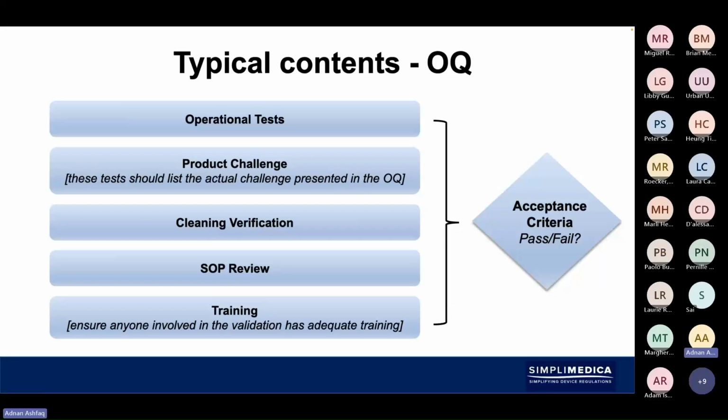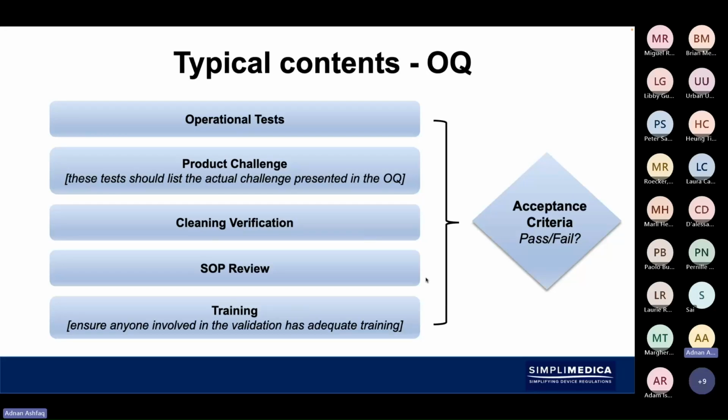So once we've got the IQ, we look onto the OQ, typical contents of an operational qualification. You're looking at operational tests, what tests need to be done to stress test, product challenges, what product challenges are needed, cleaning verification, that we need to clean down the machine, and then also reviewing SOPs and training. Does anyone need to be involved?